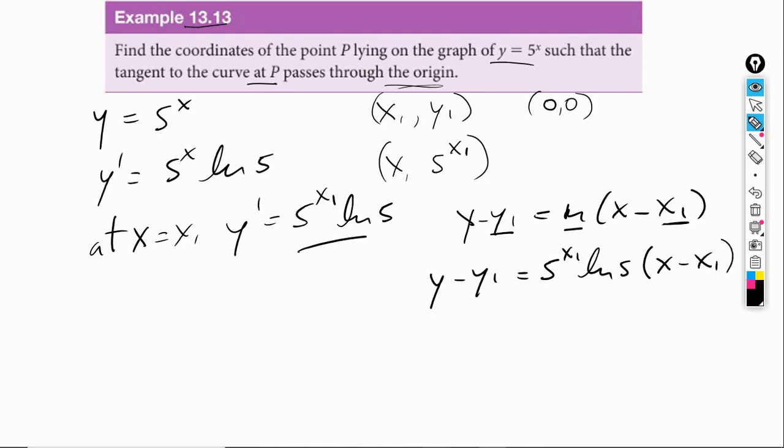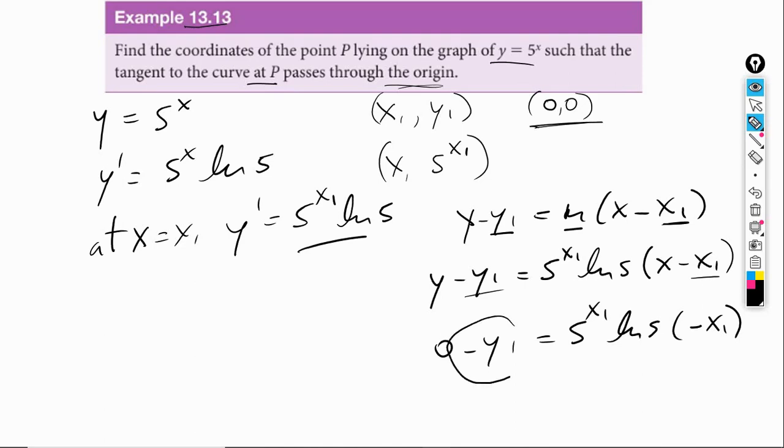Okay, so remember that what we want to find here are the coordinates x1 and y1. But we do know that this line goes through the origin, it goes through (0, 0). So that means that we could plug in 0, 0 here, and we can rewrite this as 0 minus y1 is equal to 5 to the power of x1, natural logarithm of 5 times minus x1. Okay, but let's recall that we can write y1 in terms of x1, right, from here.